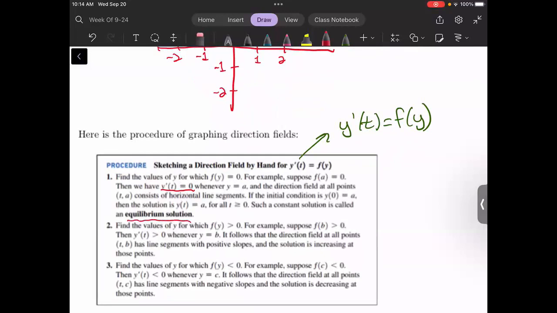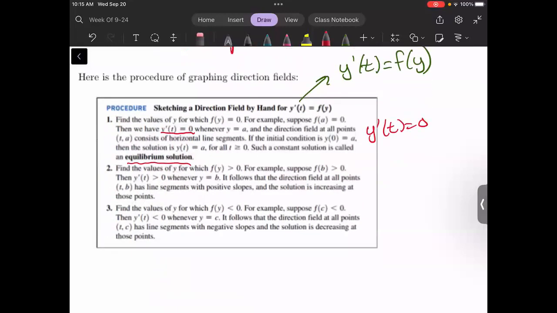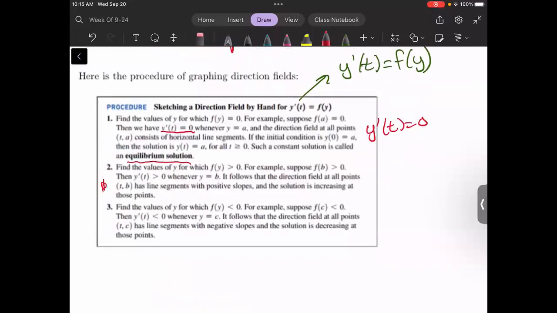And this is what we call equilibrium. So y prime of t is 0. So find the y values that make the derivatives 0. And then steps 2 and 3 are basically figuring out where the y values make the derivatives have positive values, and then the y values that will have the derivatives being negative.